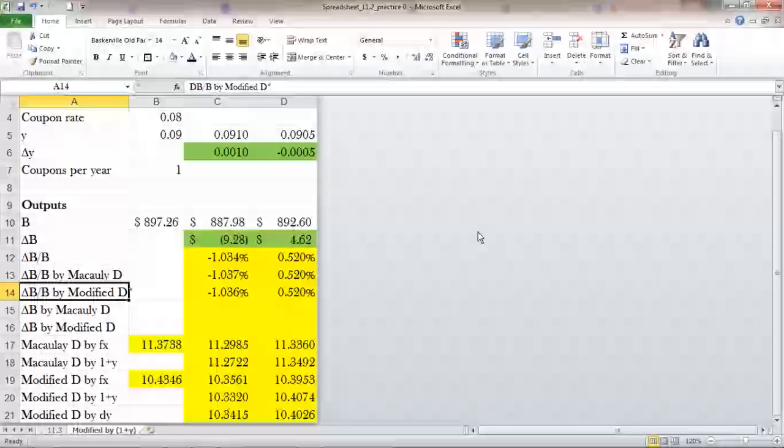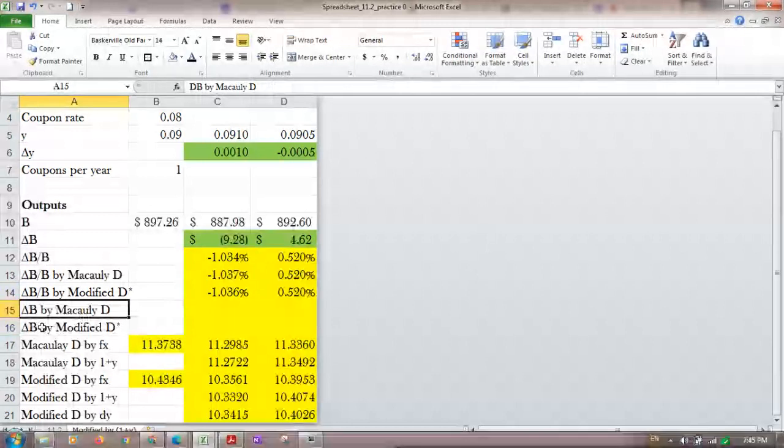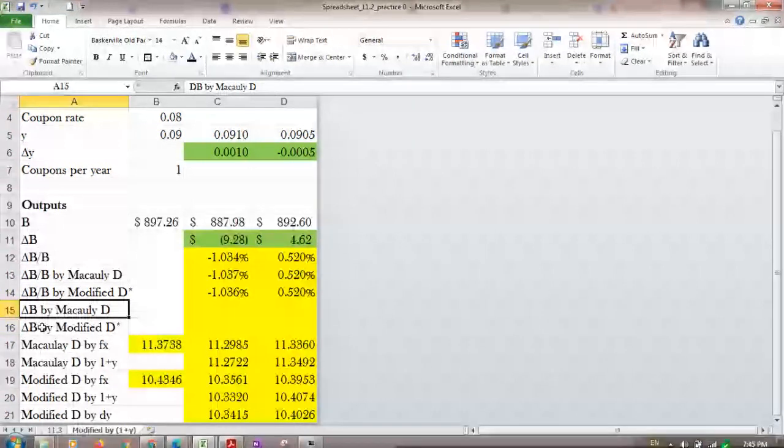And then let's find the price change by Macaulay duration and price change by modified duration.